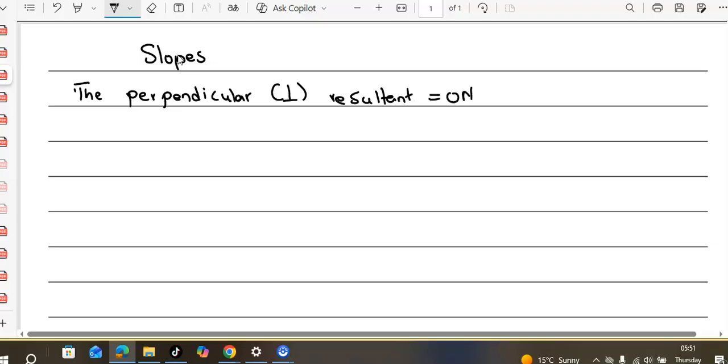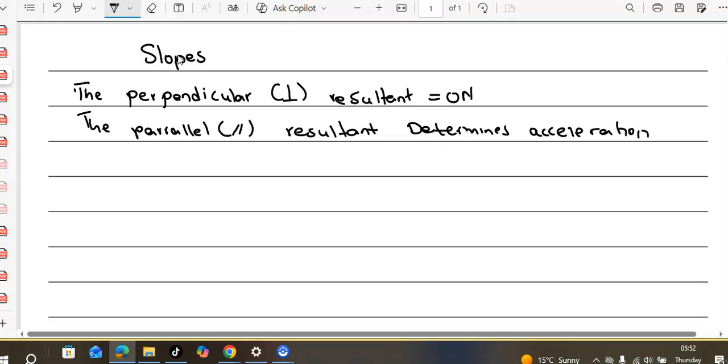That's what you need to know. Then the parallel one, this one, we say that the resultant determines acceleration. Okay?